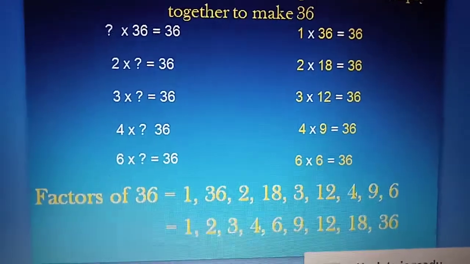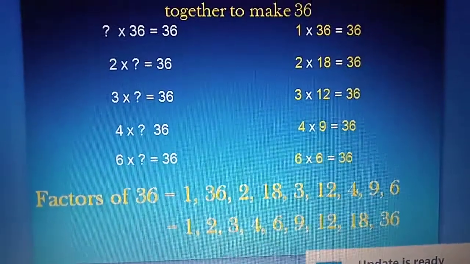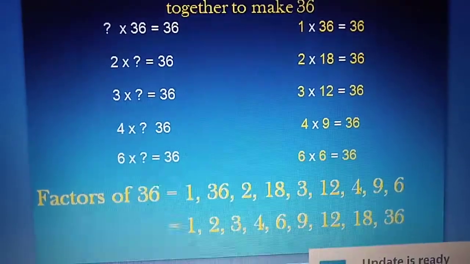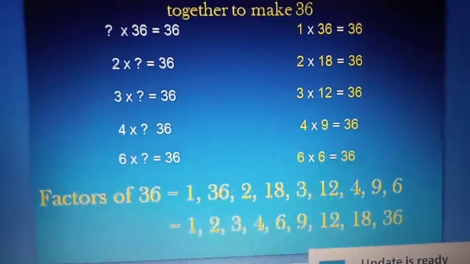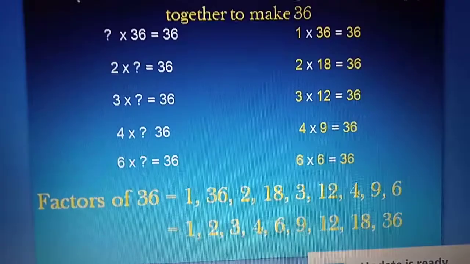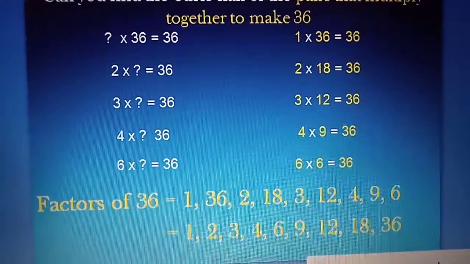Now let us find the factors of 36. See the multiplication table to your left hand side. It's a question mark into 36. What will you multiply with 36 to get 36? 1. Right. 2 into 18 is 36. 3 into 12 is 36. 4 into 9 is 36.